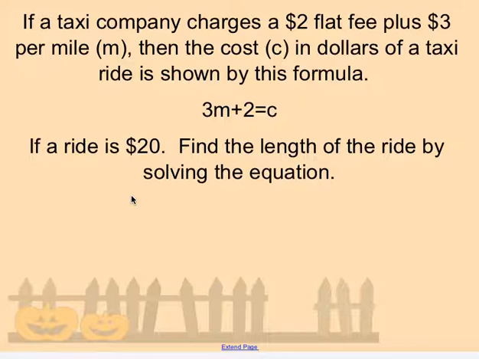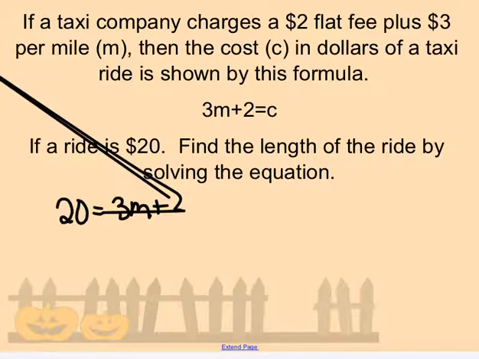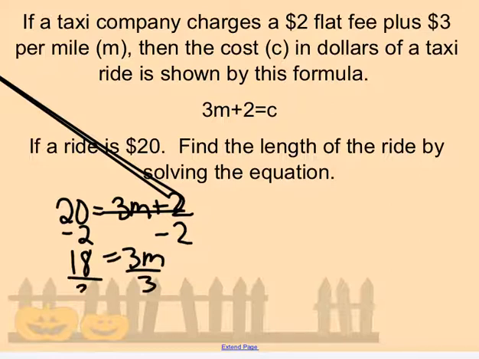From what you've probably done in the past, you would say 20 equals 3M plus 2, because that would be the cost equaling 3 times the number of miles plus $2 for the flat fee. We would undo that addition with subtraction, so we have 18 equals 3M, and we divide by 3 to get M equal to 6. We need 6 miles for a total cost of $20.